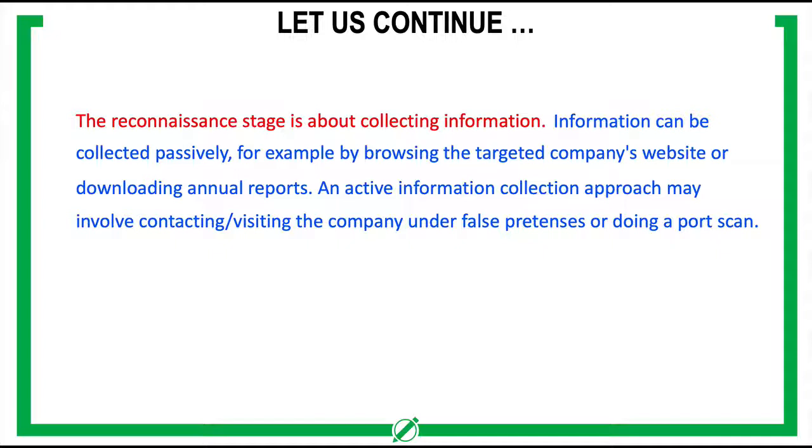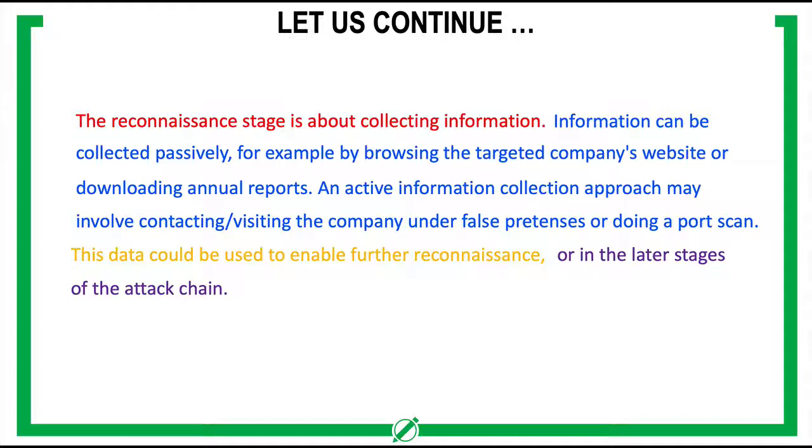An active information collection approach may involve contacting or visiting the company under false pretenses or doing a port scan. And then I explain how it links to our point. This data could be used to enable further reconnaissance, or I link to the next stages or the later stages of the attack chain. And so we can carry on now with the second and the third and the fourth and so forth stages.